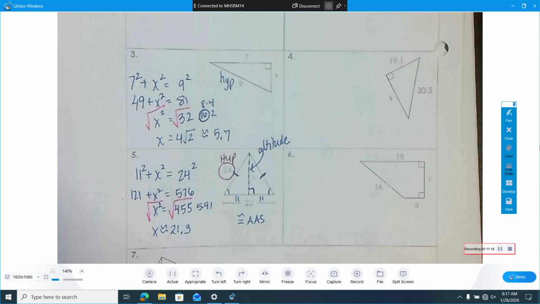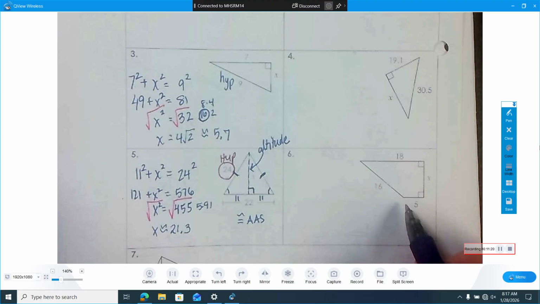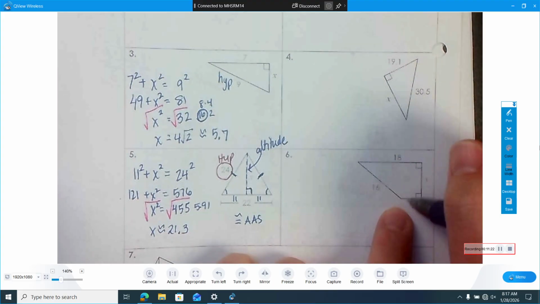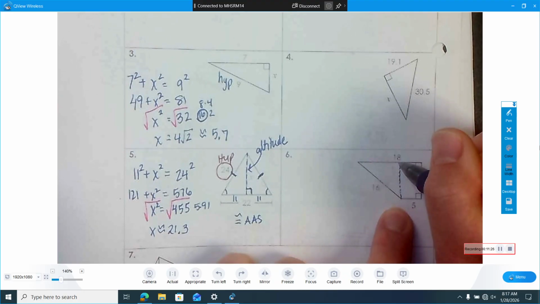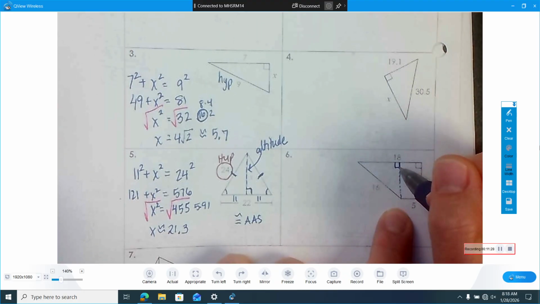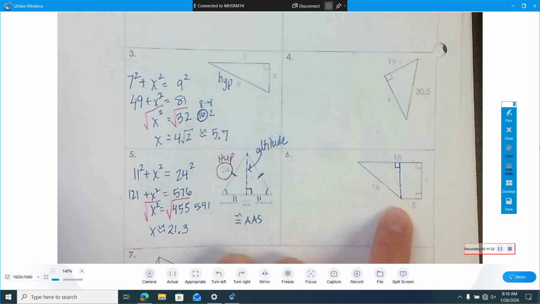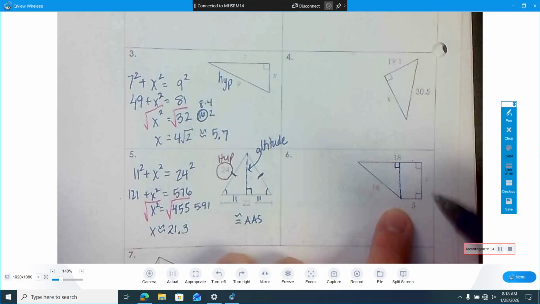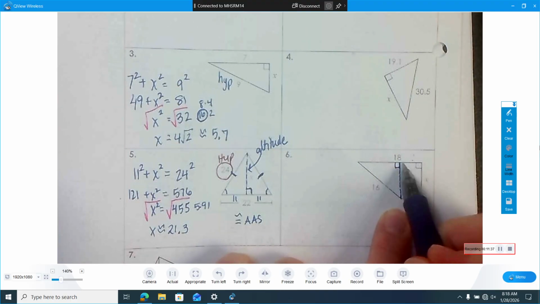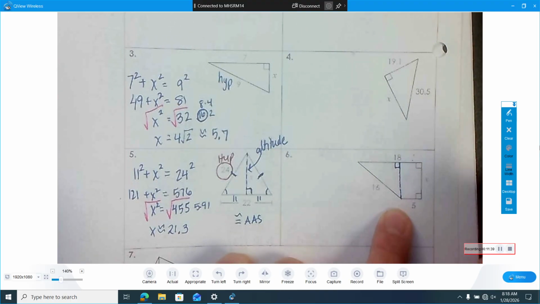Where the lower corner here is? And then you're saying maybe if I know that this is 5, maybe I can drop an altitude again, so it's parallel to this other side, so I've got a rectangle here. So what happens on the top here? What's the length of this little bit? That's 5. It's also 5 because I just made a rectangle.